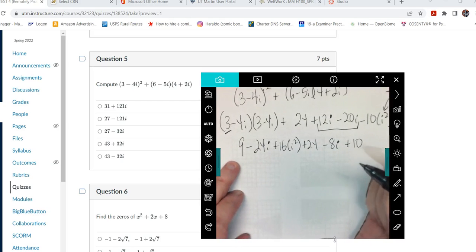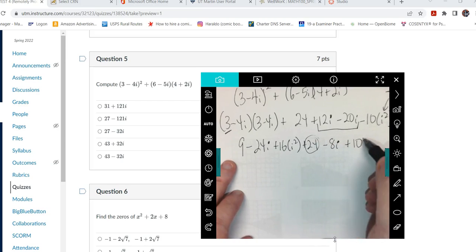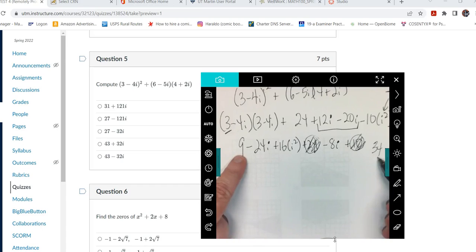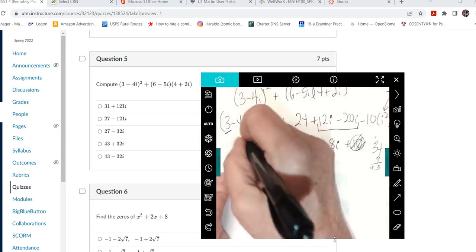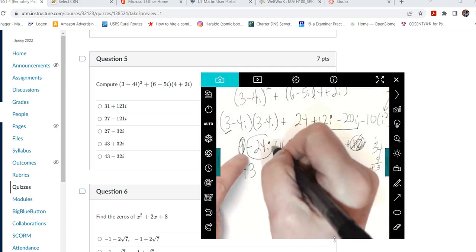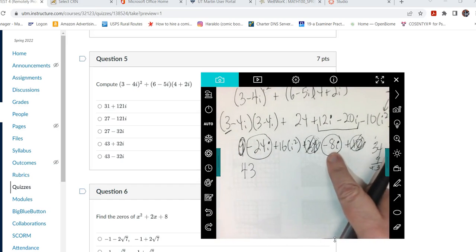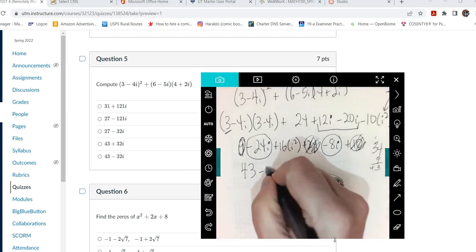So I'm going to have that, and that gives me 34. And then 34 and 9 is going to give me 43. Okay. And then I'm going to have minus 24i minus 8i is going to give me minus 32i.